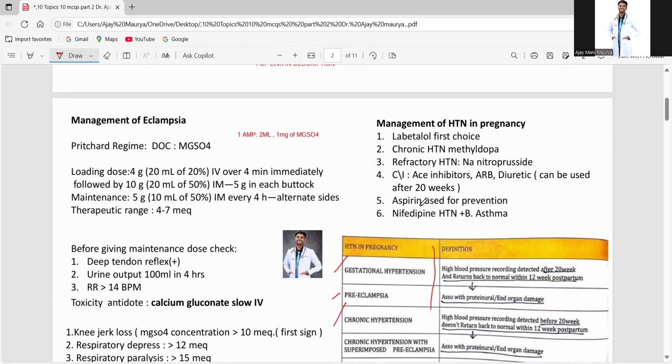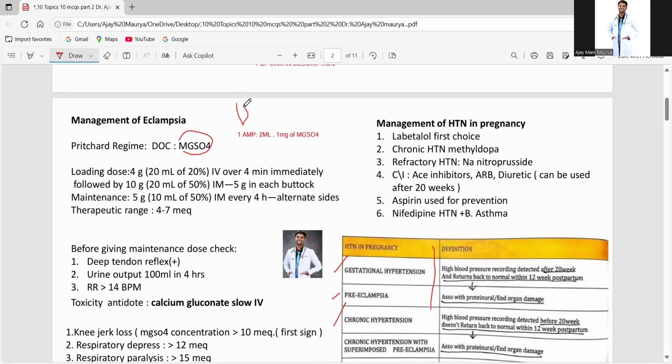What is the drug of choice for eclampsia? It is magnesium sulfate. For the management of eclampsia, we have a regimen called the Pritchard regimen.